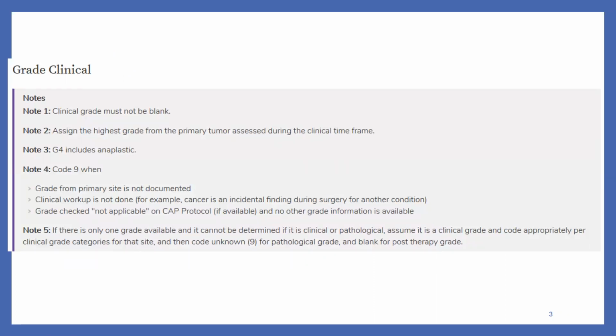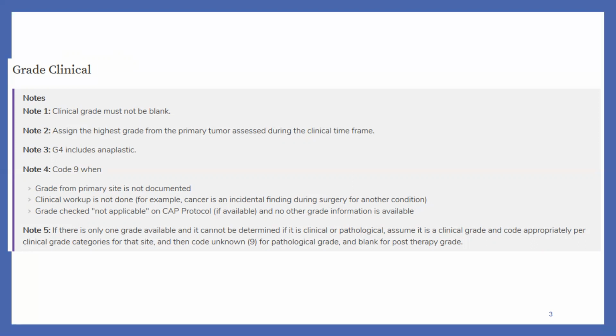The grade clinical field cannot be blank. You are assigning the highest grade from the primary tumor during the clinical time frame. G4 does include anaplastic, and then note 4 tells when you will code a 9: if the grade from the primary site is not documented, or if workup is not done, or if it's not applicable on the CAP protocol.